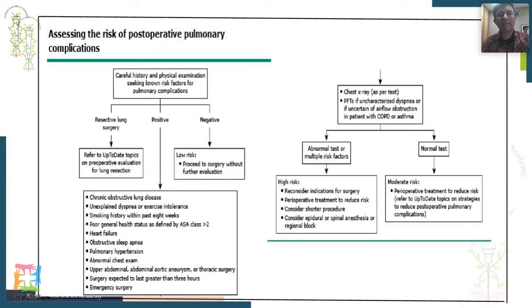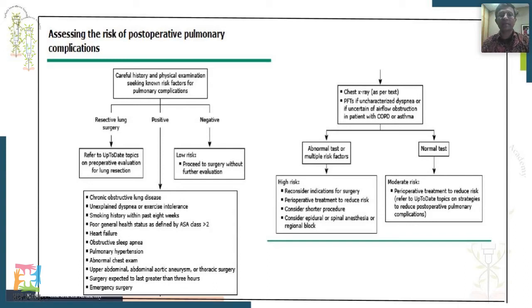And if it is positive, if you had any of these things that we discussed, then think about testing: chest x-ray, PFT, CPETs. And if the tests are normal, you have got your risk factors calculated from the Ariscat index, designate it as moderate risk, and then take appropriate steps and go ahead with surgery.